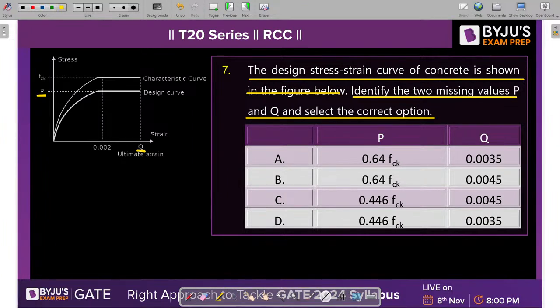D. Very nice. You already know that, guys, we need to consider 0.45 fck over here and the strain value is 0.0035. So the value of Q is equal to 0.0035 and the value of P is equal to 0.446 fck. That's why D is the correct answer for the problem.